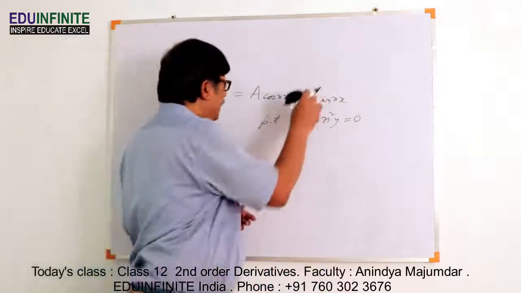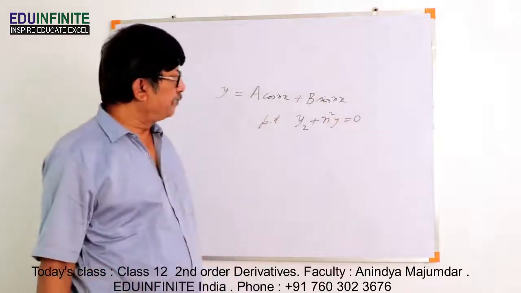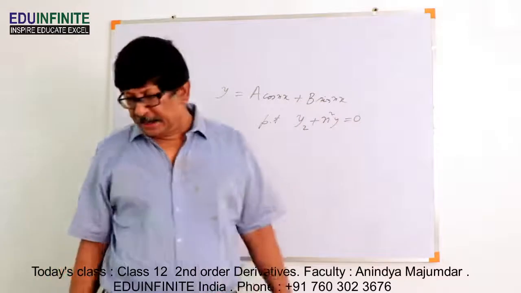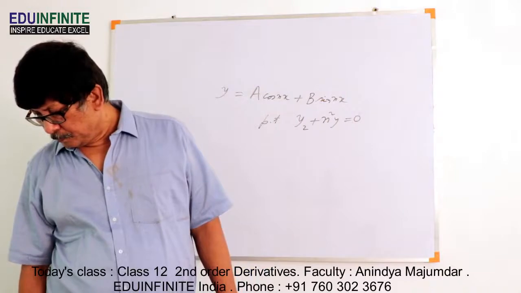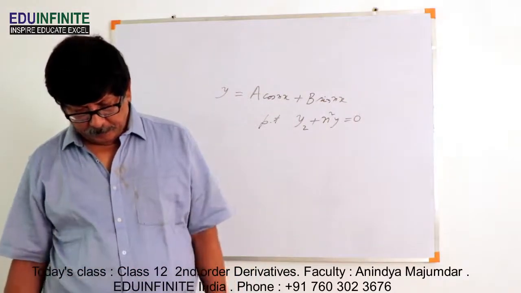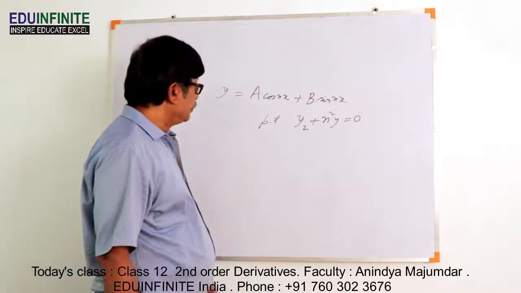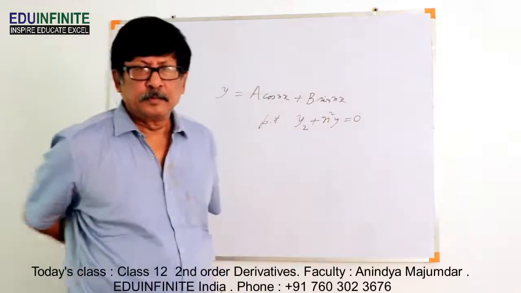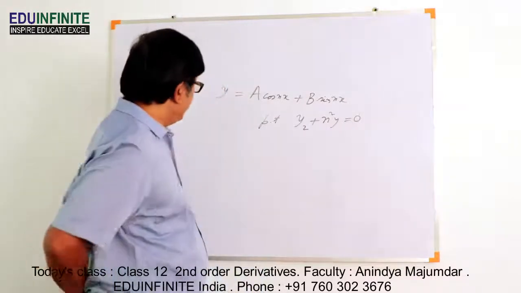Okay, this is not A, rather this is B. This is B. y is equal to A cos nx plus B sin nx. Okay, fine. Let's do it together.